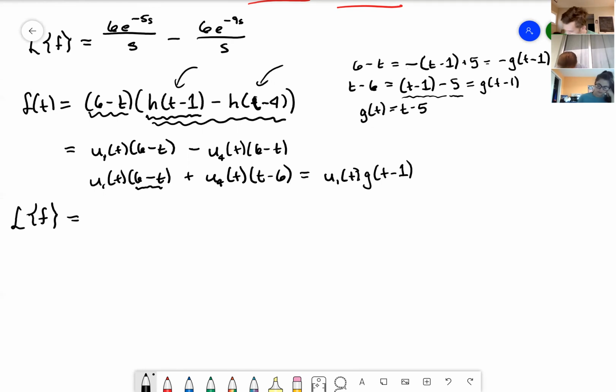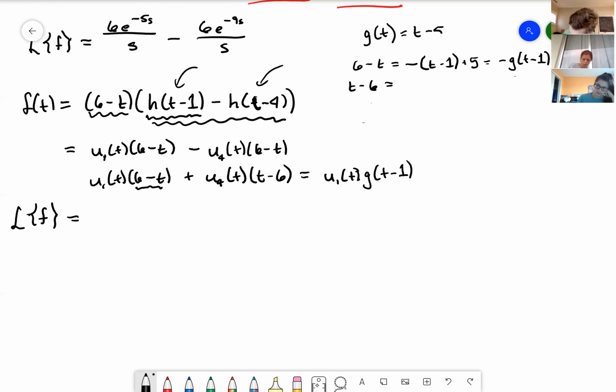Oh, no, I made a mistake. I want this to be in terms of t minus 4. I still want g of t to be t minus 5, so that top line will still work.